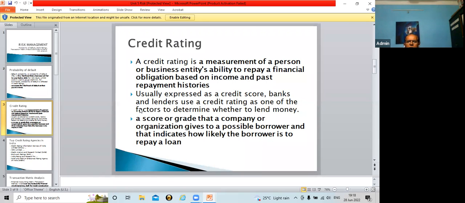Now here we will talk about the business. Suppose a particular business is seeking a loan from a financial institution. The financial institution asks for the financial statements of previous years, generally the last 3 years, like the profit and loss account and balance sheet.